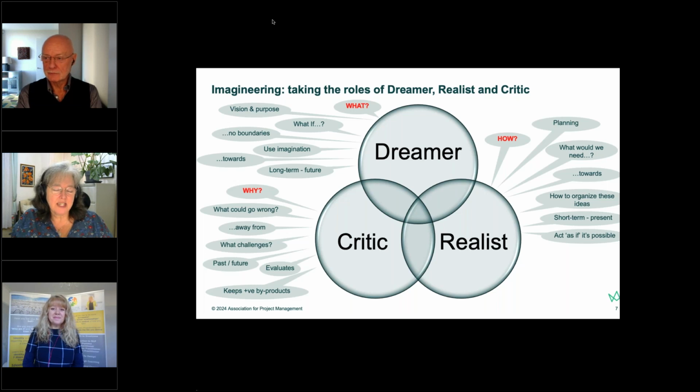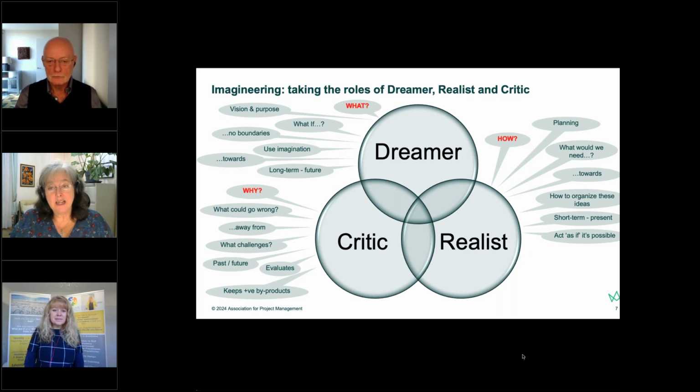So when I'm being the critic, I'm asking, what could possibly go wrong? What challenges could I foresee? That might be drawing on my previous experience from previous projects or programs. It might be from a previous organization where something like this has been tried. So we're able to draw on all of that experience, and I'll identify, once before when we tried this, something got flagged up or went wrong that we can then avoid. We can learn from those lessons learned.